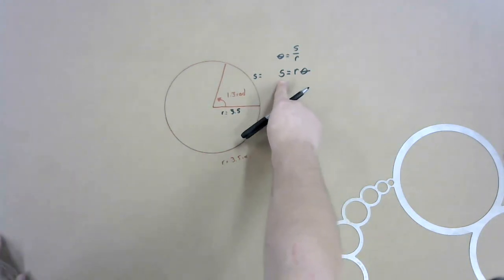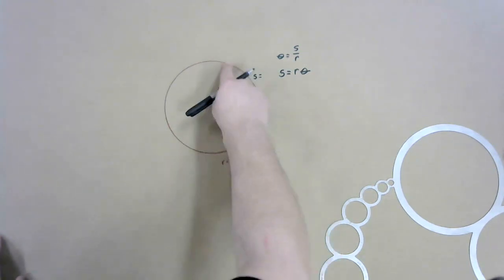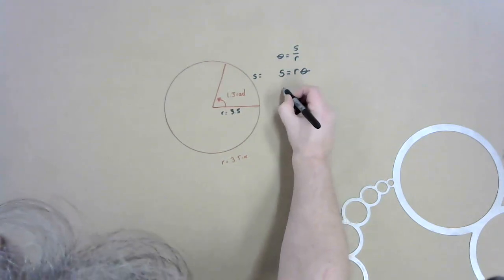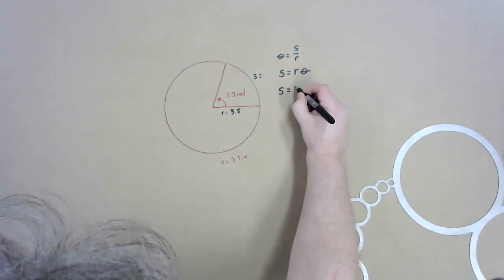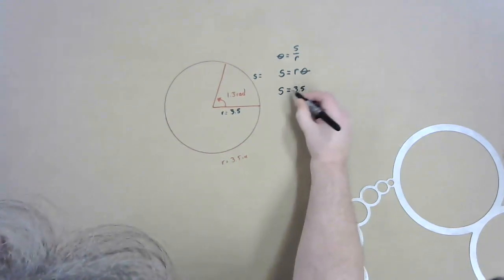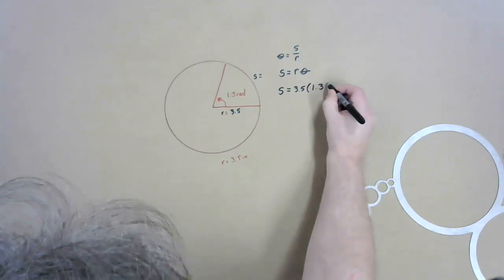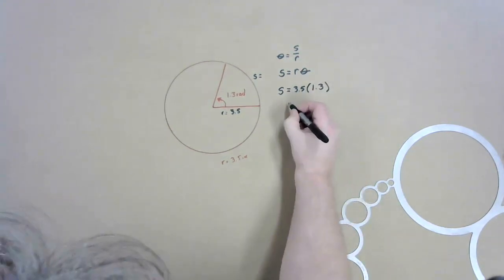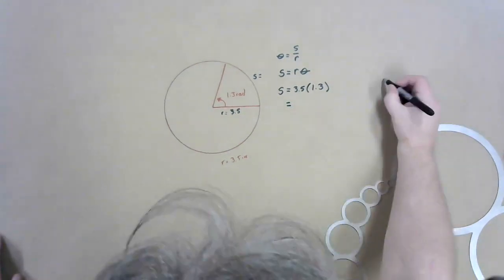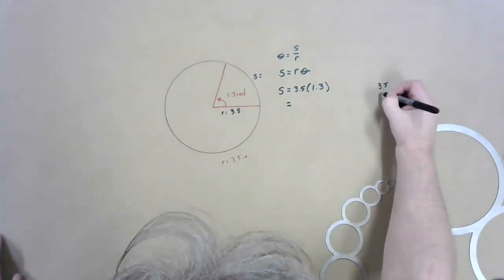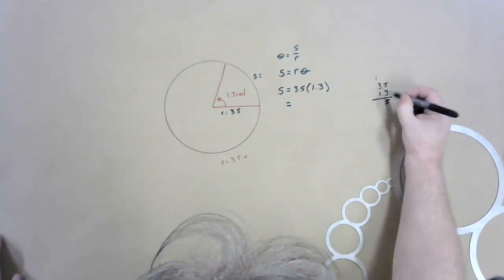If we want an arc length, all we have to know is a radius and how much angle we go through. So for that arc length, we've got 3.5 inches times the 1.3 radians. All we have to do is find that product. Now, what's that product? We have calculators, so you should be able to do that nice and fast.